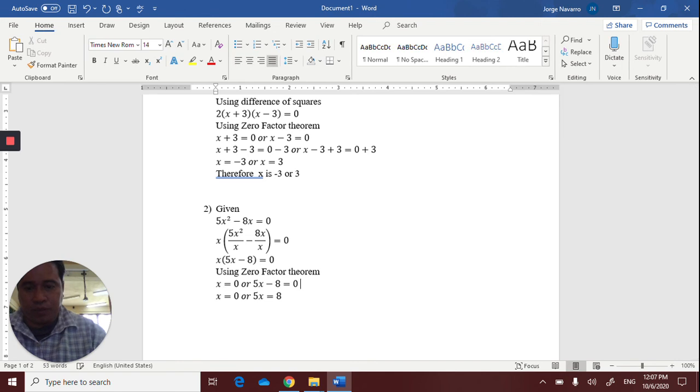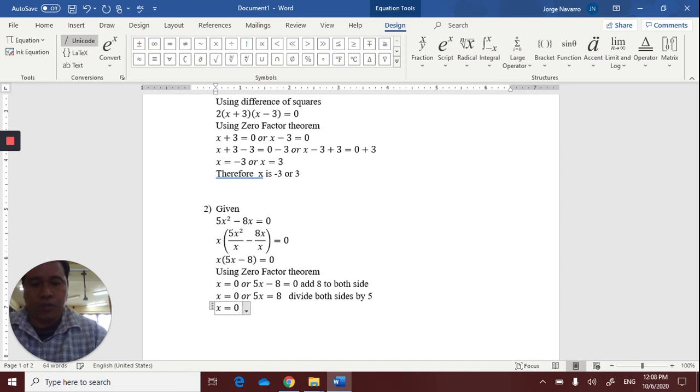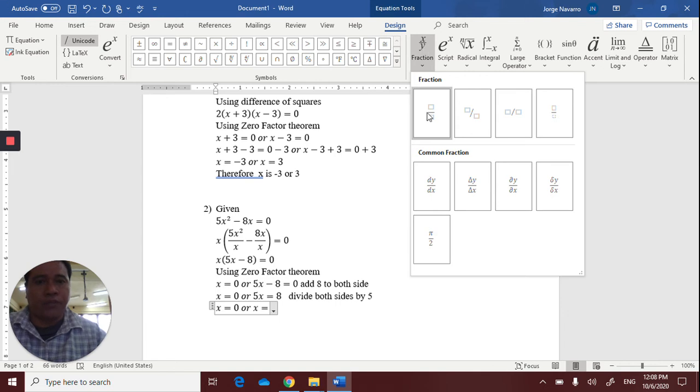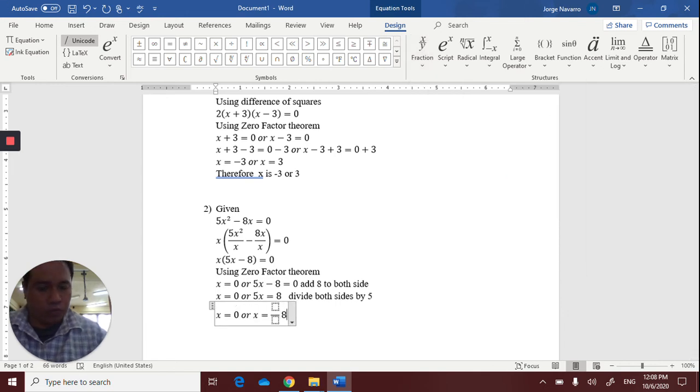Add 8 to both sides, and here I will have to divide both sides by 5. So x is equal to 0 or x is equal to the fraction 8 fifths, 8 at the numerator, 5 as the denominator.